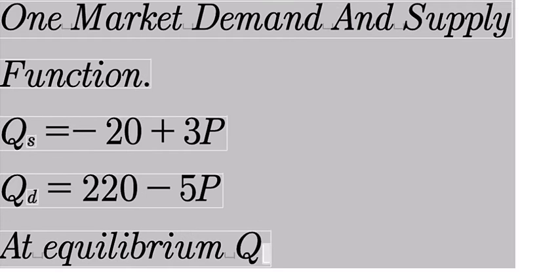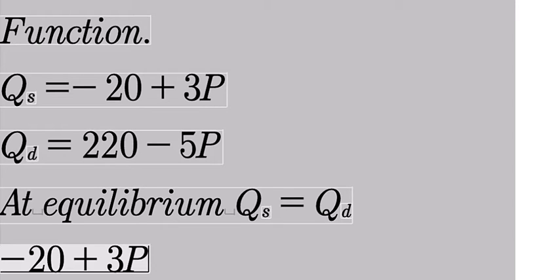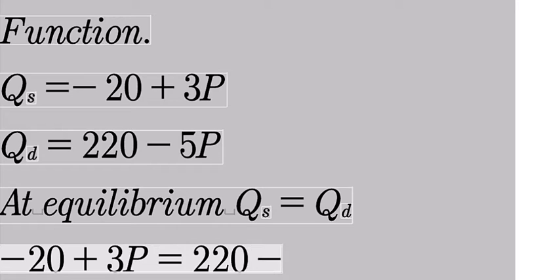That is, QS equals QD. So we equate this, which is minus 20 plus 3P, to 220 minus 5P.